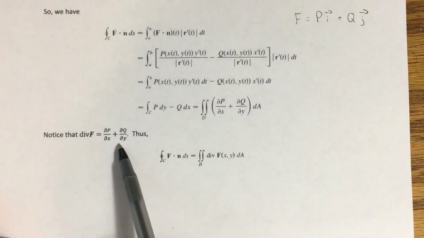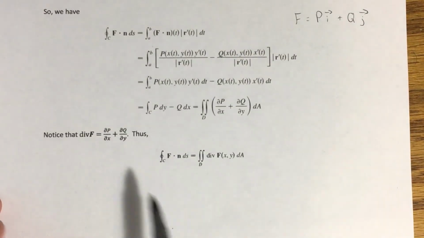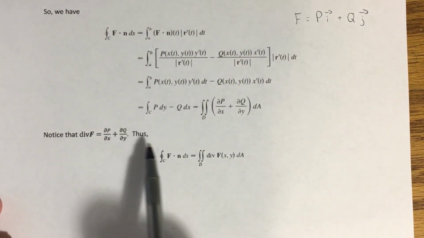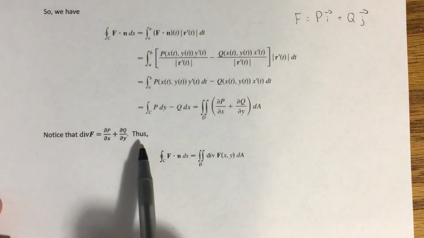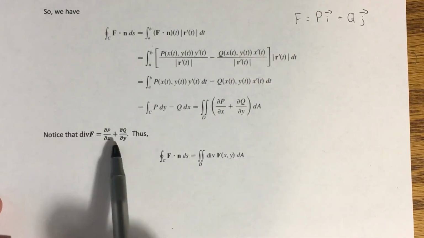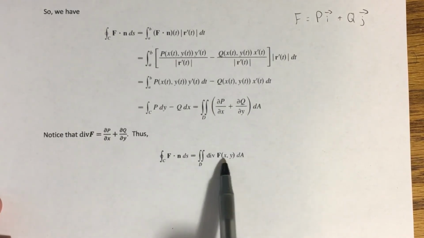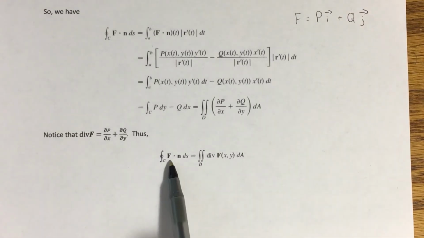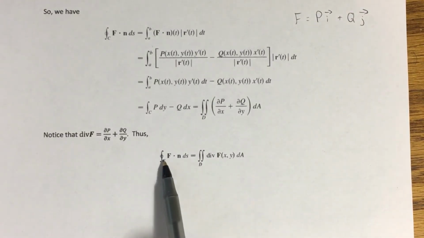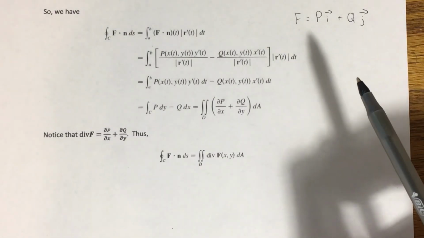That would leave you with this as your divergence. Okay, so with that said, now this integrand matches the divergence of f. So I can just change this integrand into the divergence of f, and this gives me my line integral of f along C, or sorry, the line integral with the normal component of f along C.